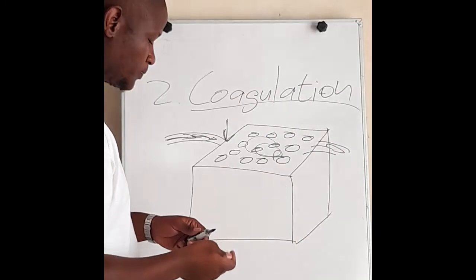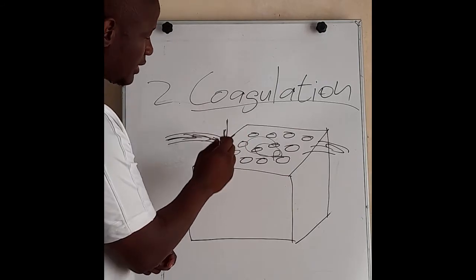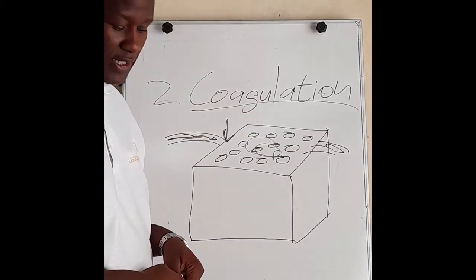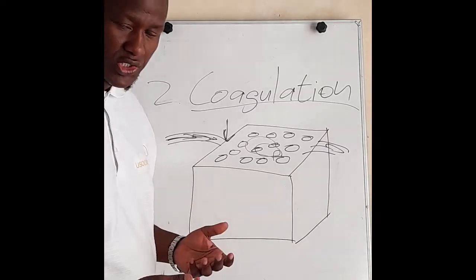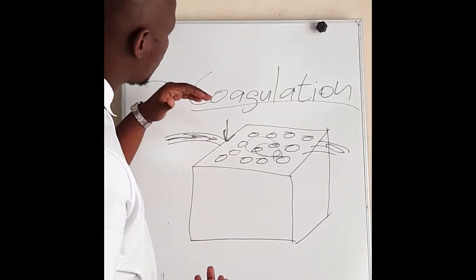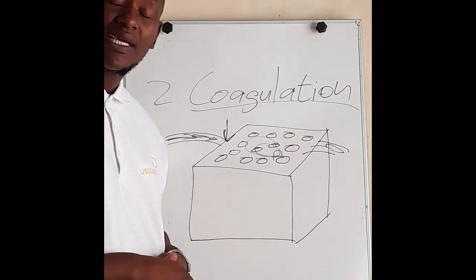So what's the reason for putting in that coagulant? When we get our water, it normally has a certain charge to it. Let us say it's positively charged, and therefore the coagulant, the actual chemical that will be dosed in there, will have a negative charge.